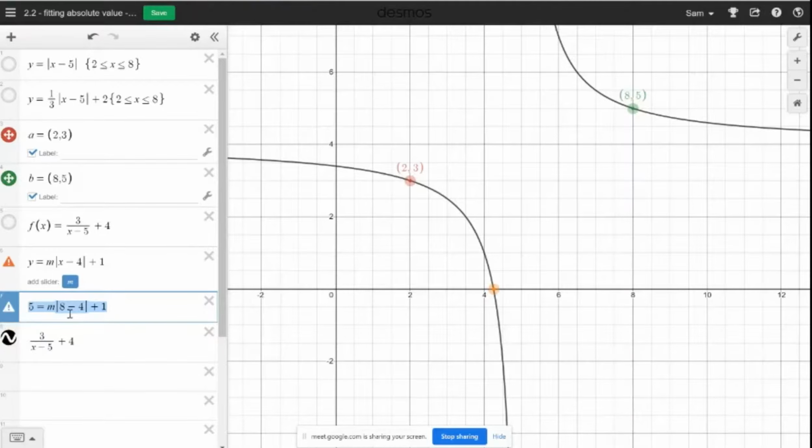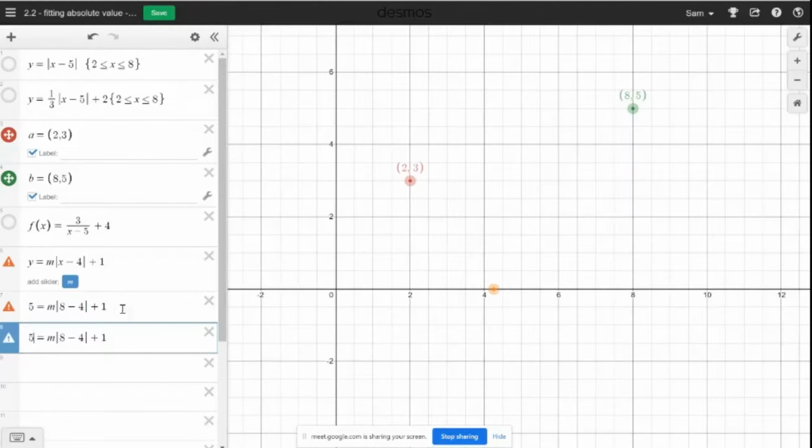Oh, sorry. 5 minus 1 is 4. 5 minus 4, divide both sides by 4. M is 1. Okay, so I've already actually got this 1.